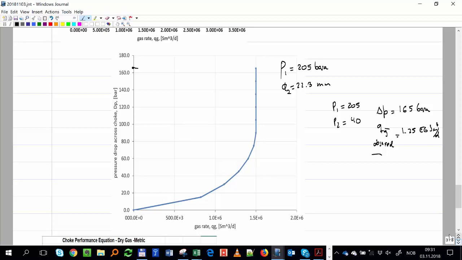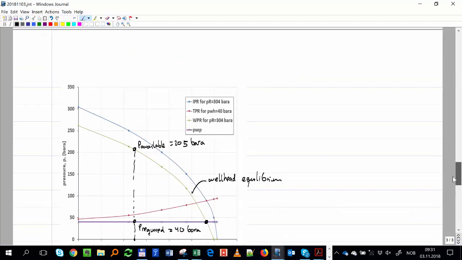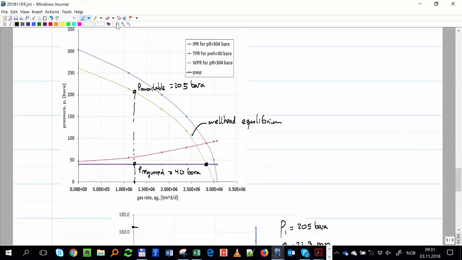If I go on the equilibrium of my previous well, if I leave no choke, I will produce at 2.80 something. But for sand purposes, my reservoir engineer told me if I produce at this rate, I will damage the formation. I will start producing too much sand and affect the stability of the wellbore. So he said, take it no more than 1.25.